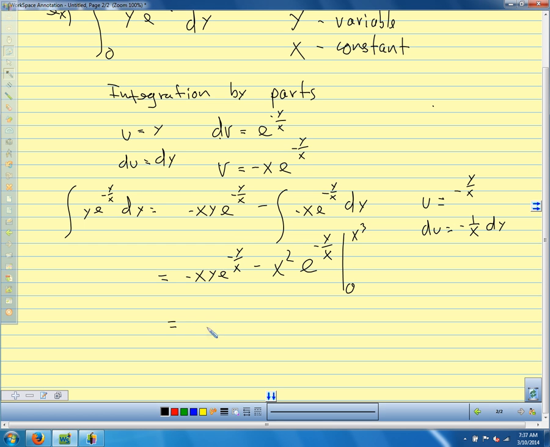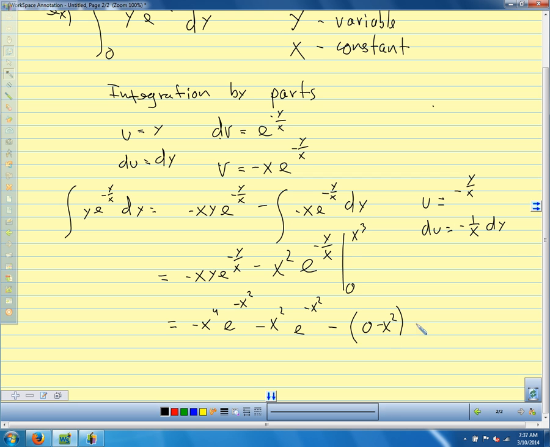And when I finally evaluate this out, I'm going to just write all this out. We get minus x to the fourth, e to the minus x squared, minus x squared, e to the minus x squared, minus, and then for my 0, 0 minus x squared.